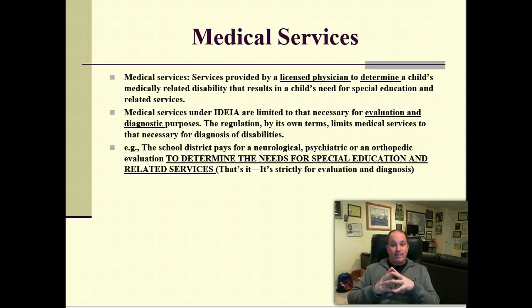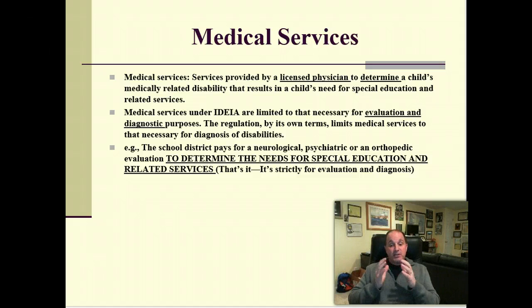So for example, let's suppose a school district makes a recommendation that a child needs a neurological evaluation, or a psychiatric evaluation, or an orthopedic evaluation to determine the need for special education and related services.